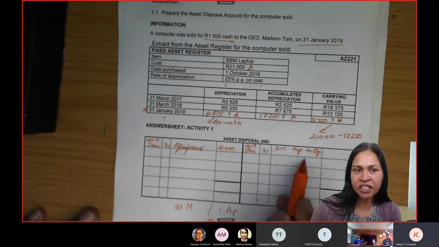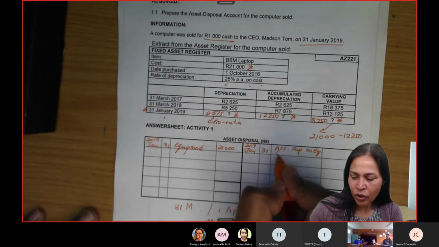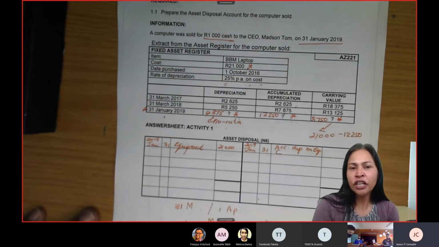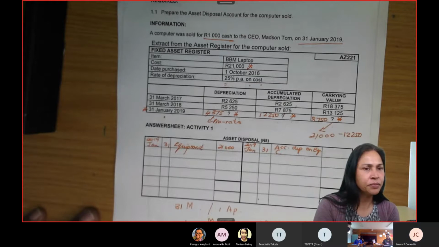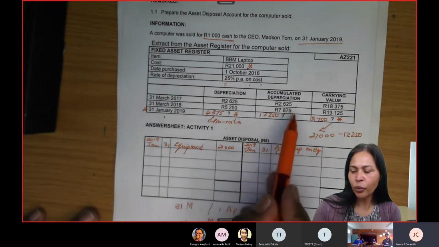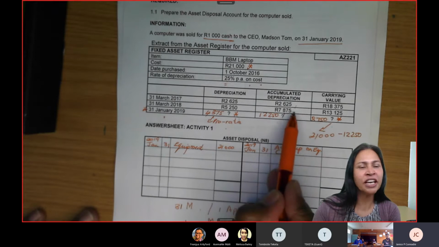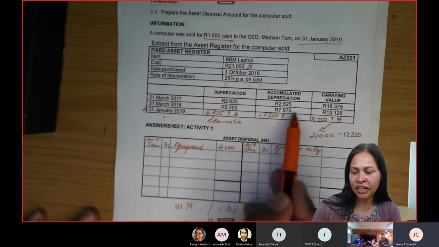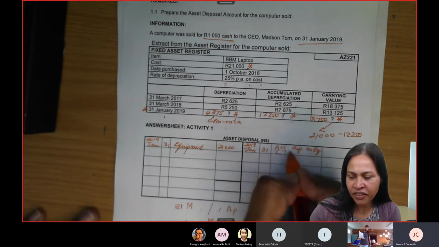So I have my accumulated depreciation. What have I said earlier on in my example? What do I start with? Any of the other learners, what do I start with? I start off with that accumulated depreciation at the beginning of the current financial year, which is my 7,875.